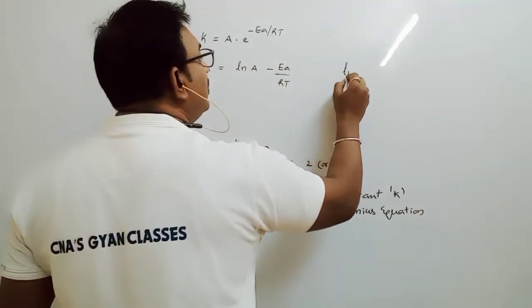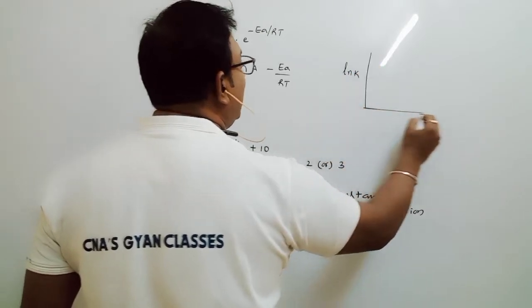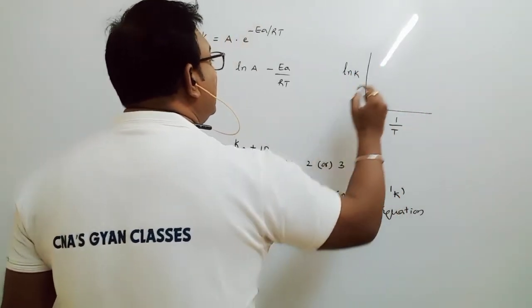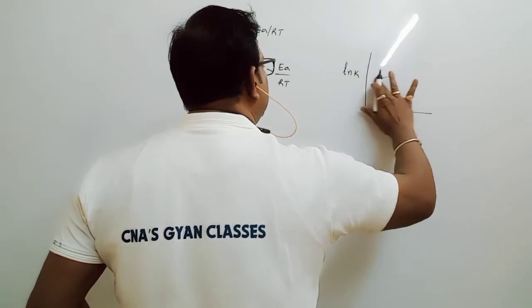So if you consider the ln K versus 1 by T graph, it looks like this. It has a negative slope.